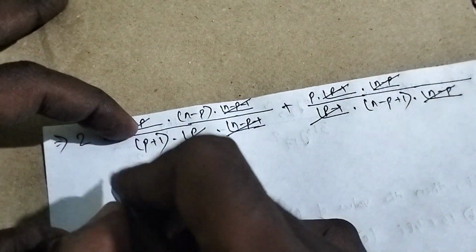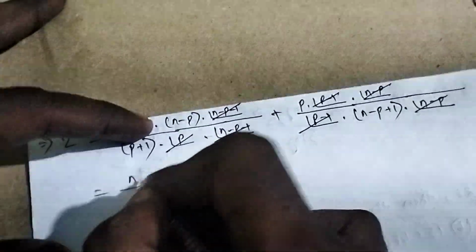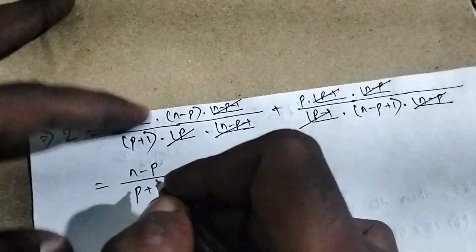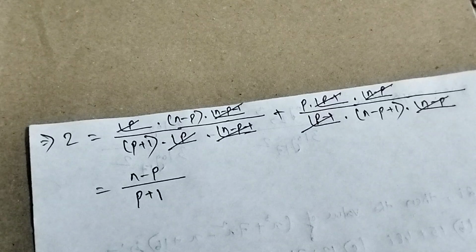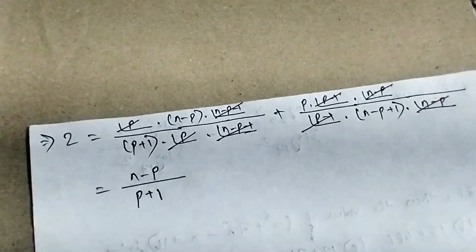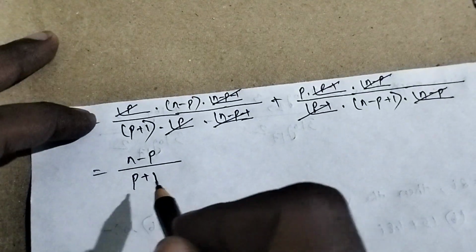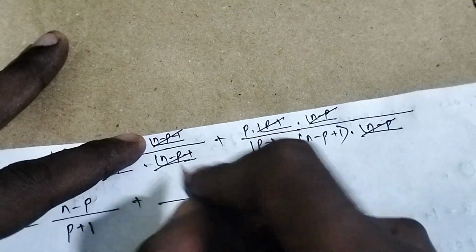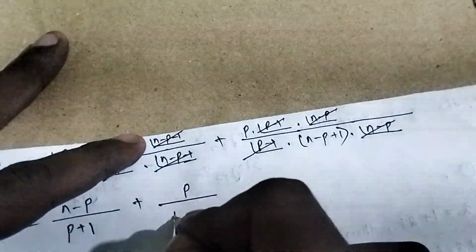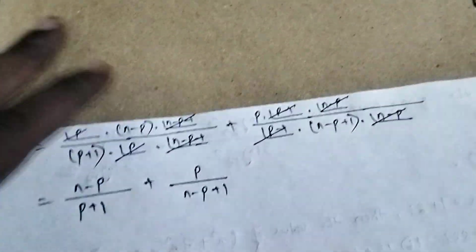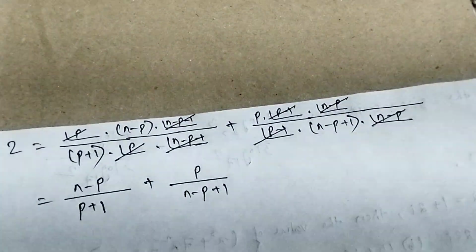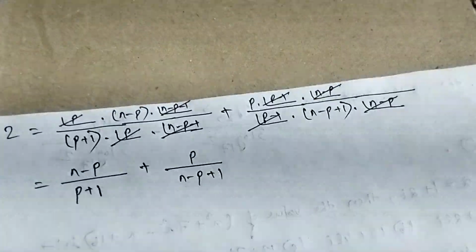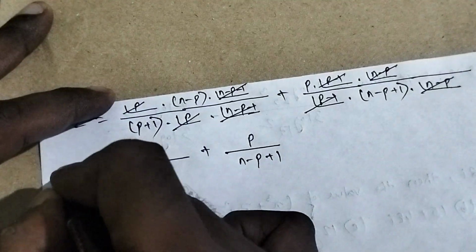So what will remain? (n-p) by (p+1), plus here p into (n-p+1). Clear? And it is 2.